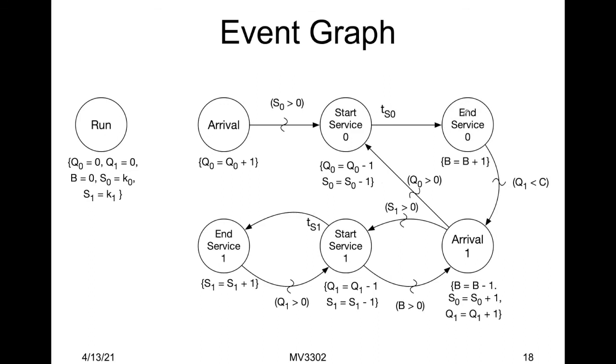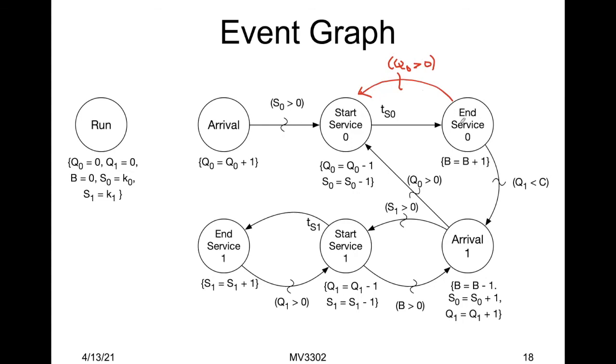In other words, when we finish service, all the other machines were busy as well. So if we try to schedule this, even if the queue is bigger than 0, you may be tempted to say something like this.